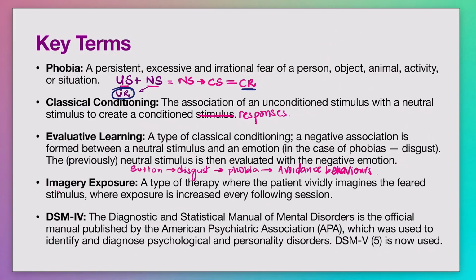So now we're using the fifth version of it, and they update it to cover new mental disorders that may have come up or to reclassify pre-existing conditions. So it's just a checklist of different symptoms, and it explains the conditions under which you can actually make a diagnosis. If you do take clinical psychology in your A2 year, you will learn more about the DSM.